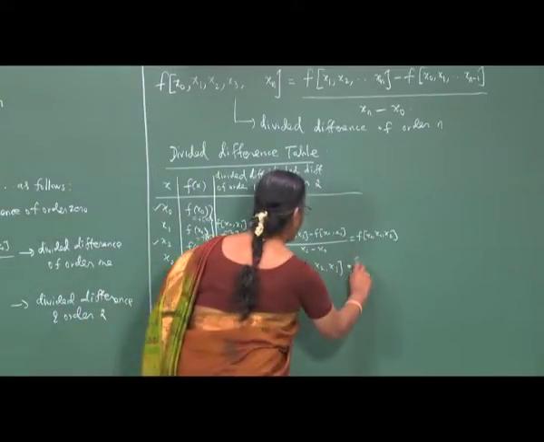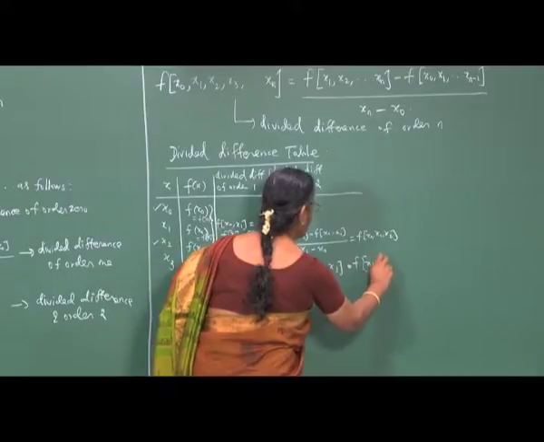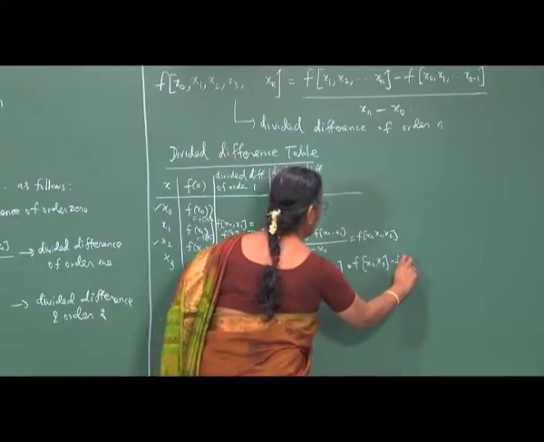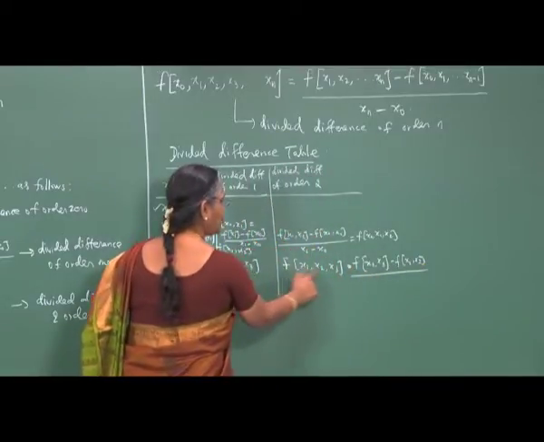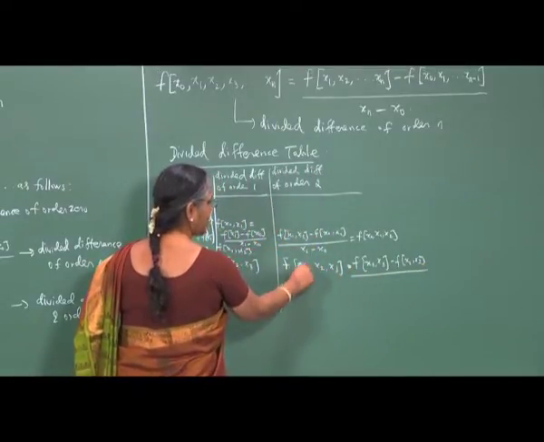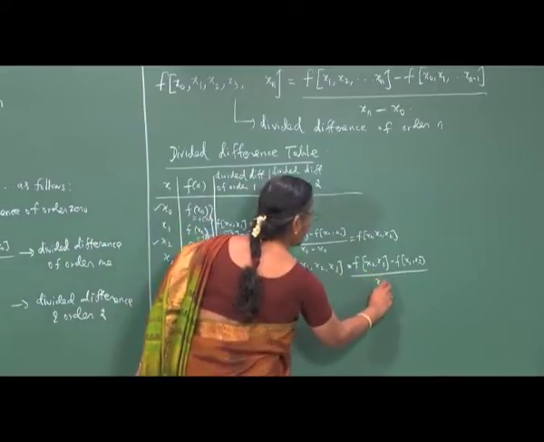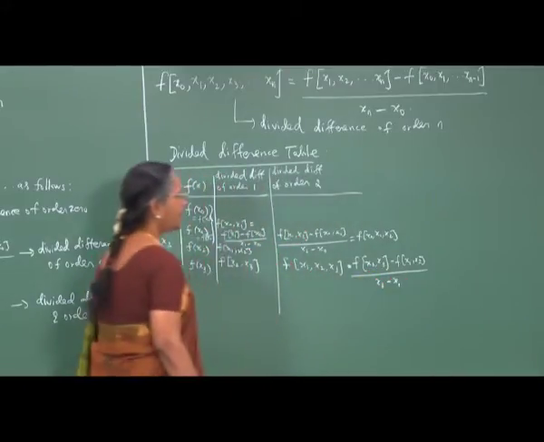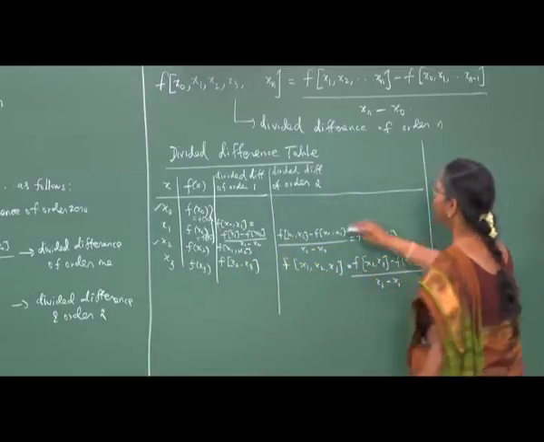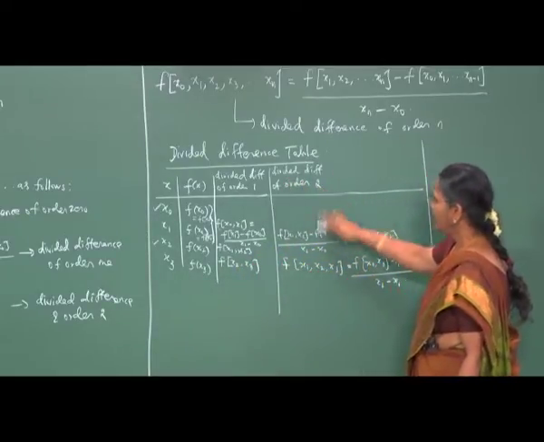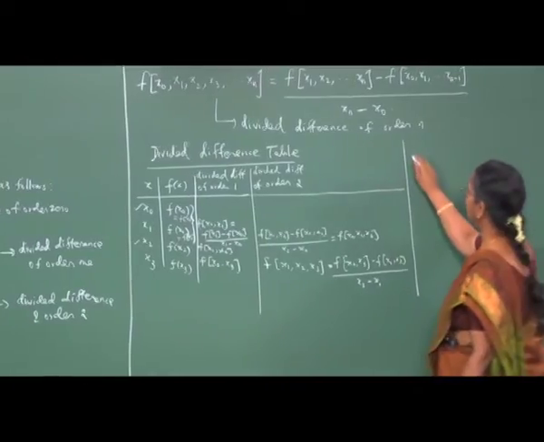So, this will be f of x2 x3 minus f of x1 x2 divided by, you have used information at points x1 x2 x3. So, it is divided by x3 minus x1. So, you have constructed the column in which divided differences of order 2 have been obtained.